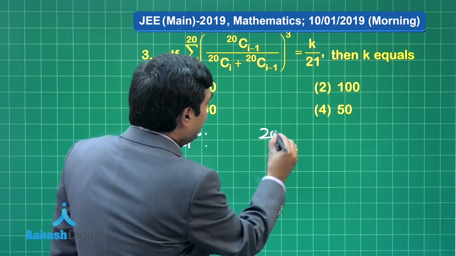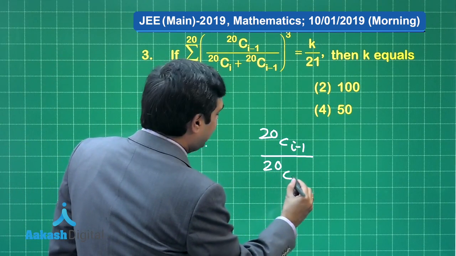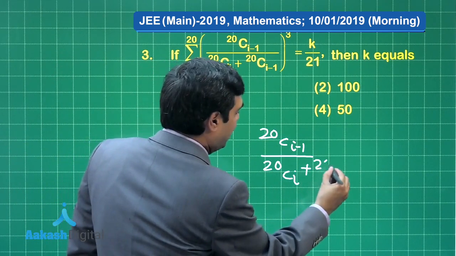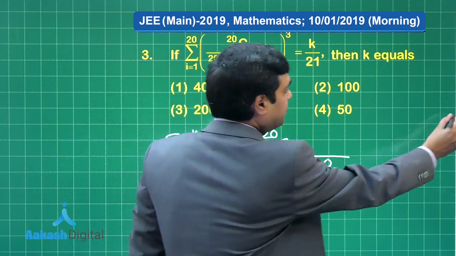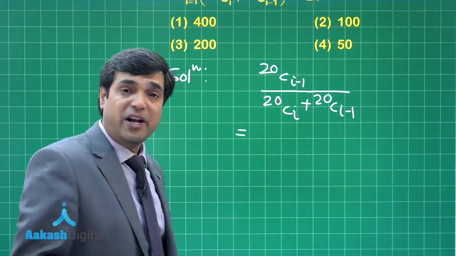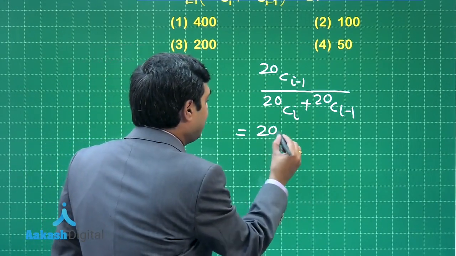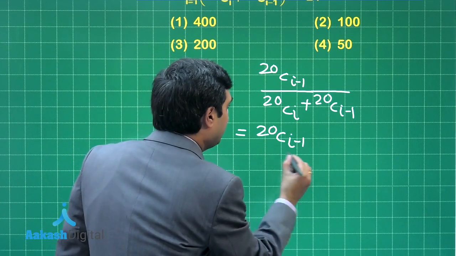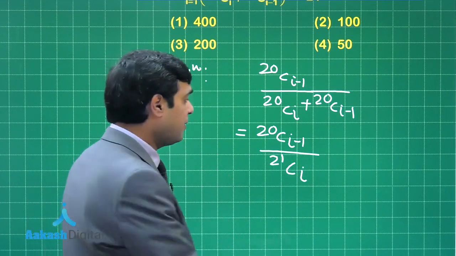We can write 20Ci-1 / (20Ci + 20Ci-1) is equal to, the denominator part can be changed by the simple property, so it is 20Ci-1 / 21Ci. This is clear.